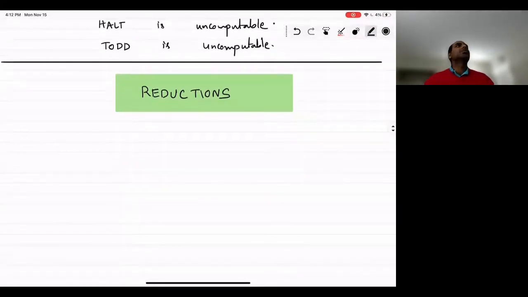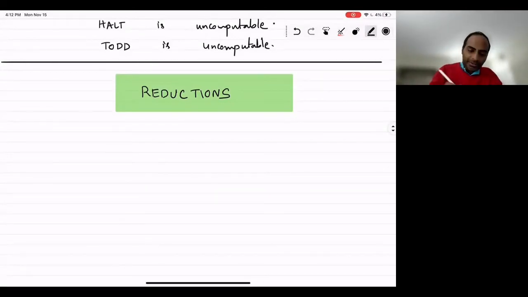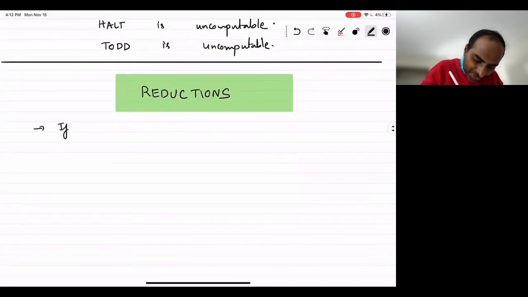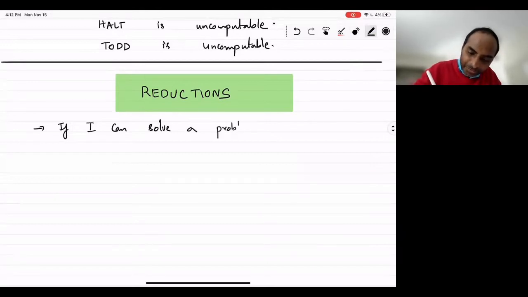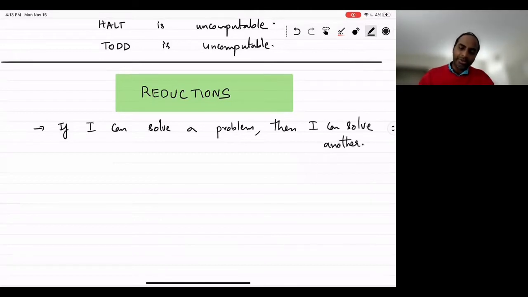Okay. And what do reductions really do? They're a way to transform one problem's input into another. So basically, you use it in the way saying, if I can solve a problem, then I can solve another. Okay.